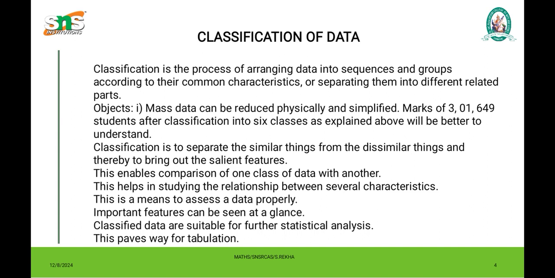This enables the comparison of one class of data with another, helps in studying the relationship between several characteristics, and is a means to access the data properly for further statistical analysis. This paves the way for tabulation.